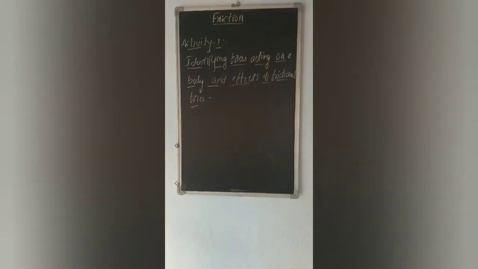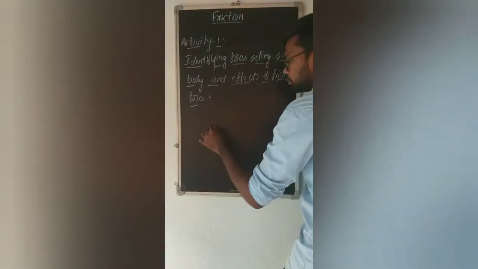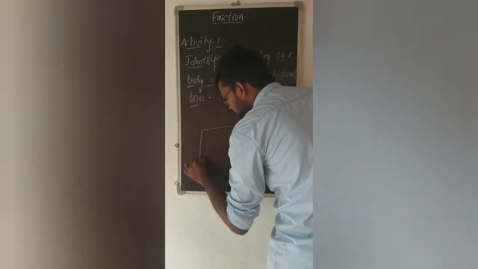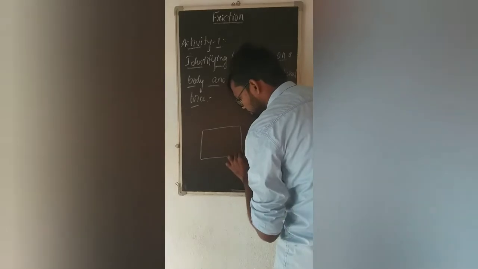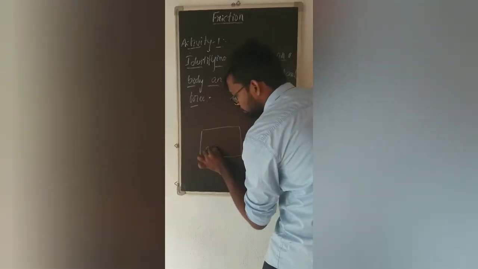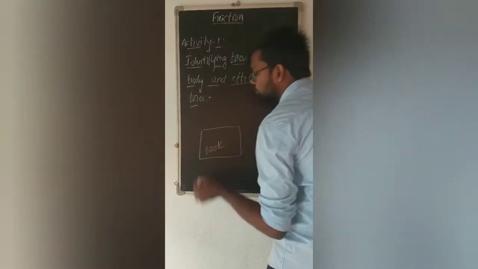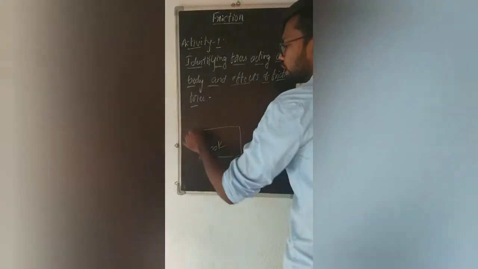In this, just a small example: consider a book. We are placing this book on a table.